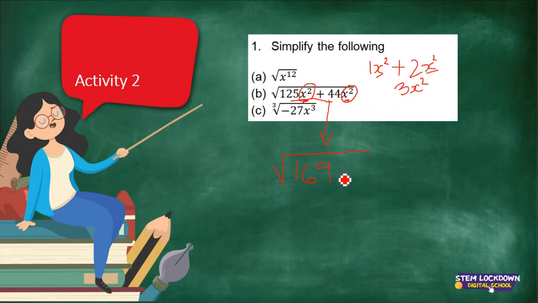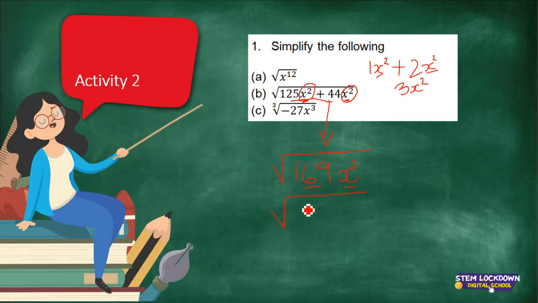So you don't have a Jones squared. In this case, same thing applies. But now you need to do this separately. You need to find out the square root of 169 separately. How do you do that? Which number multiplies by itself to give you 169?